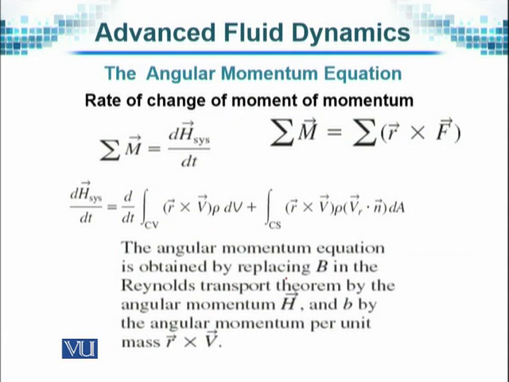The rate of change of moment of momentum can also be expressed as the summation of all these forces and all the vectors that occur in the form r cross F. And in the integral form, they can be written as r cross V times rho times velocity in the radial direction times the normal unit vector n over the area of cross section.